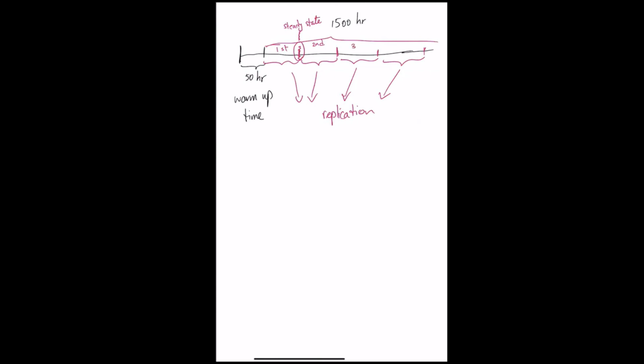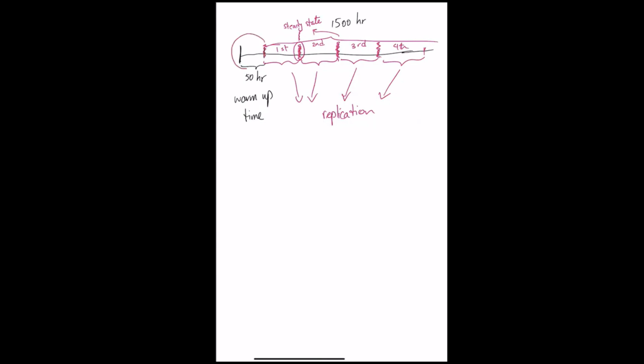Then for the third interval, the simulation starts everything from this point. And this one definitely is in the steady state. So I don't need to worry about the warm-up and so forth. And the same for the fourth interval and so forth. So the start condition for each one of these intervals is actually representing the steady state of this system.